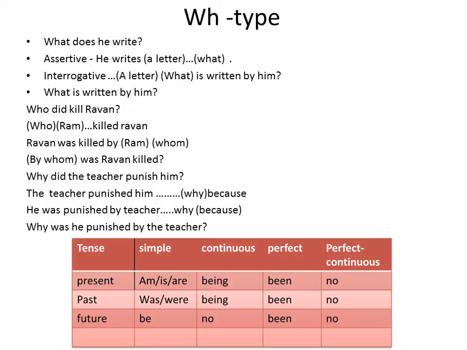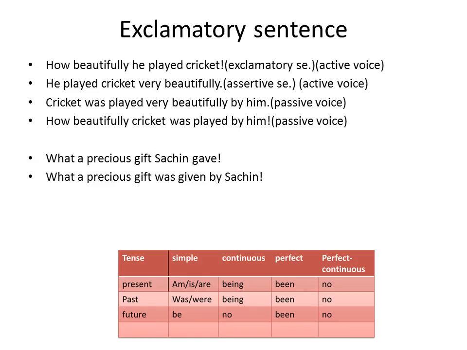Now we have to convert this passive construction into WH type passive construction. That is why we use "why" at the beginning. Why was he punished by the teacher? So we will get the answer.